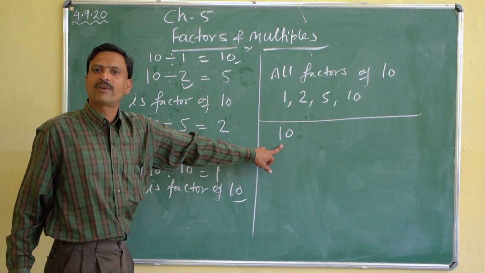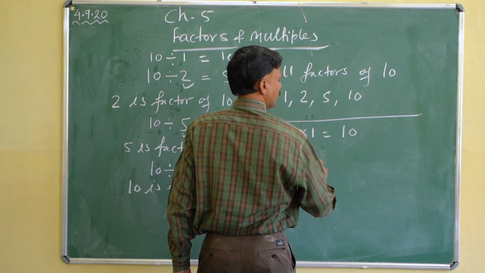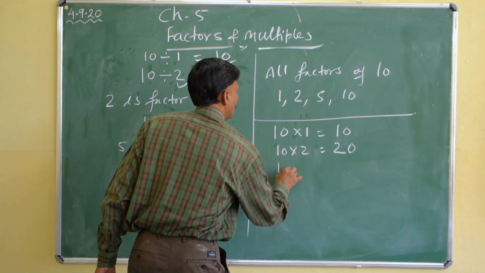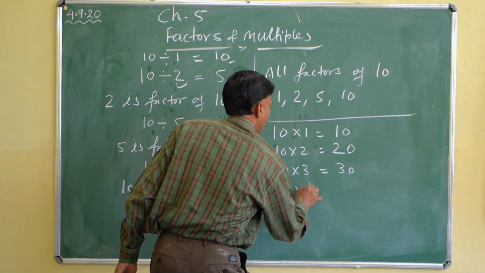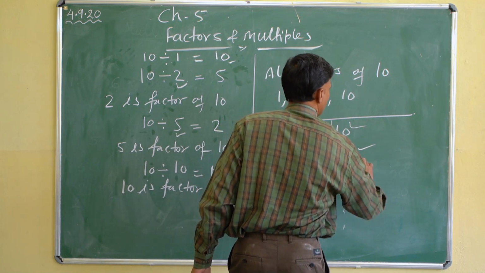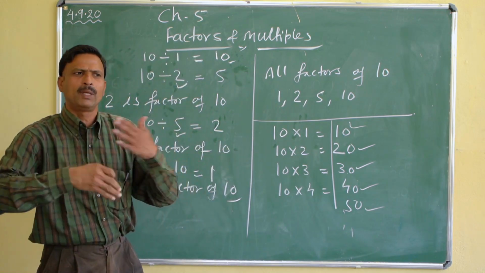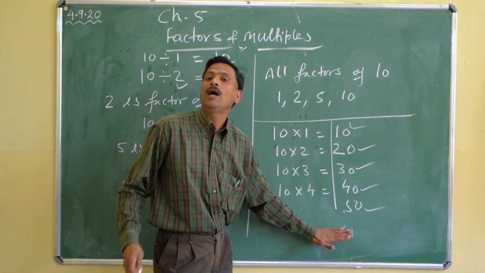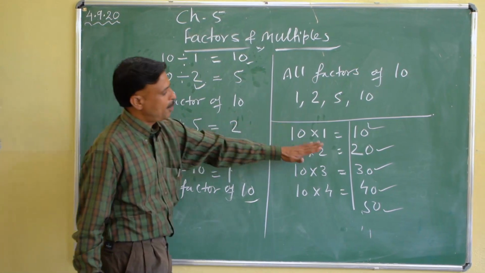What will the multiples of 10 be? 10 into 1 is 10, right? 10 into 2 is 20, 10 into 3 is 30, 10 into 4 is 40, and so on. So all these, 10, 20, 30, 40, 50, all the numbers that come when we read the table of 10, will be multiples of 10, right? So, factors and multiples.